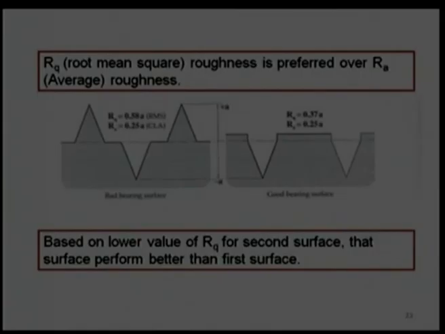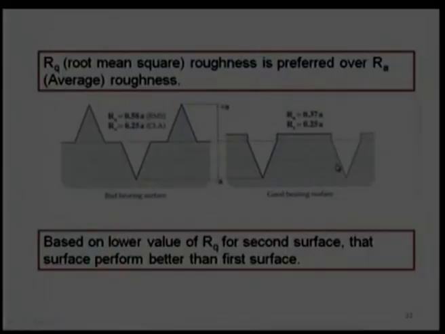In addition, this kind of surface is preferred from a wear point of view. When one surface wears against the other surface, there will be some generation of particles, and if these particles come between the two surfaces, they will reduce the area of contact, the real area of contact. That is harmful. That reduction in area of contact will increase the stress value, and there is a possibility of jamming the two components or a high wear rate.